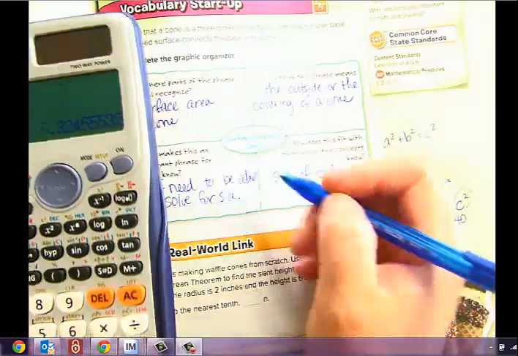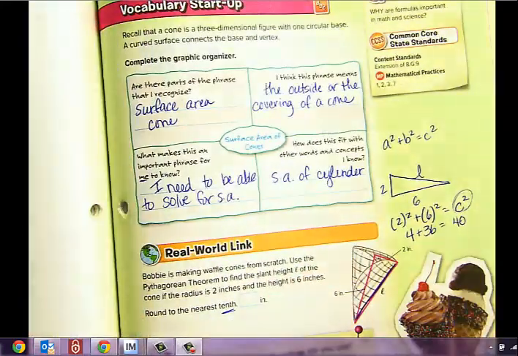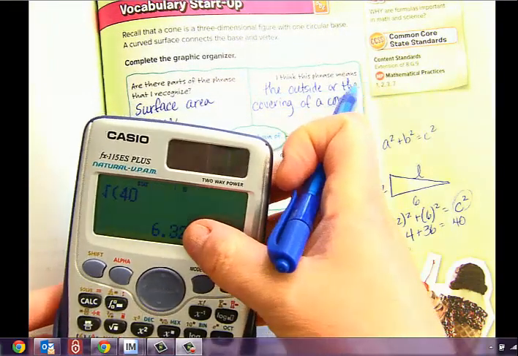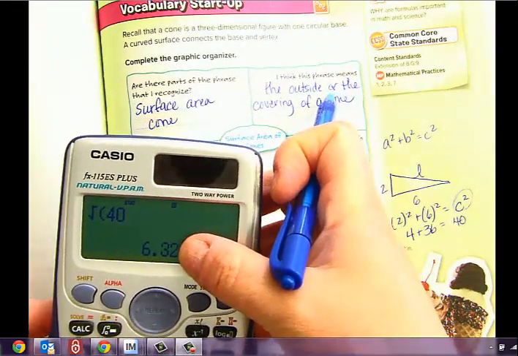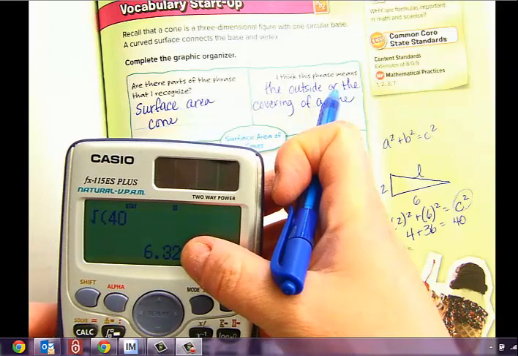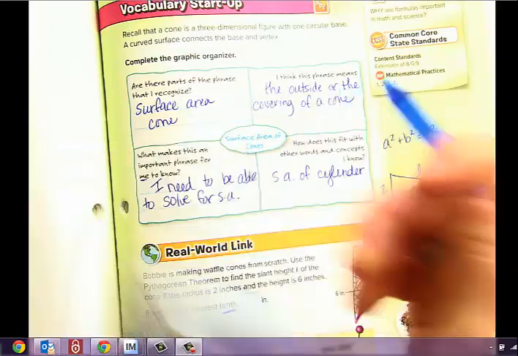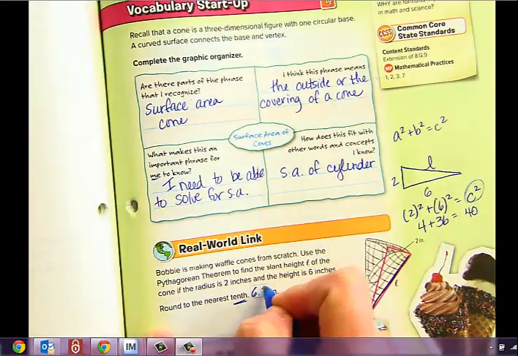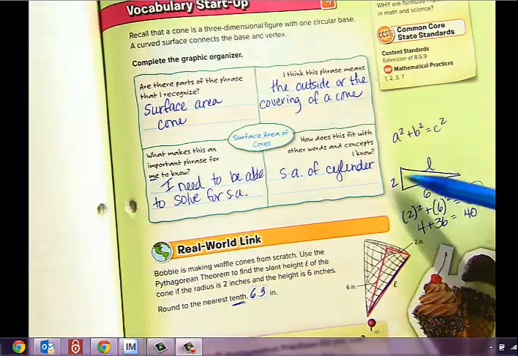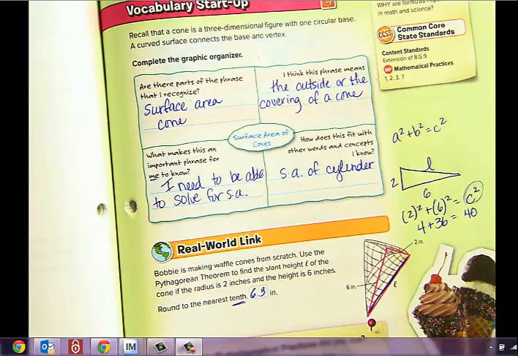It says round to the nearest tenth. So the nearest tenth is going to be that 3. I'm either going to make it 6.3 or round up to 6.4. Because the number behind it is a 2, I'm going to leave it 6.3. So my answer is 6.3 inches. Now I know that this cone is going to be 6.3 inches tall.